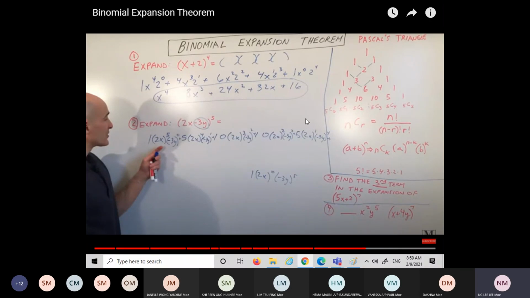So you see how this binomial expansion works. Maybe you can try the questions in our textbook.